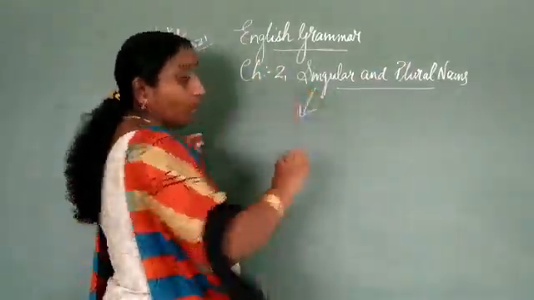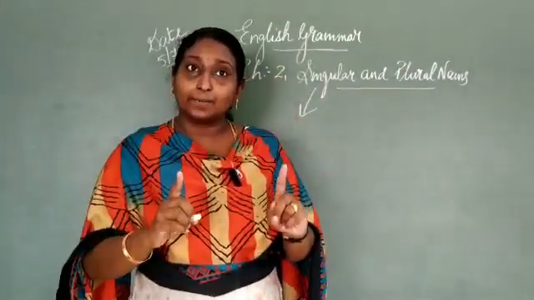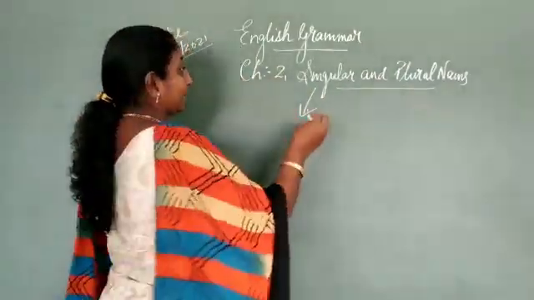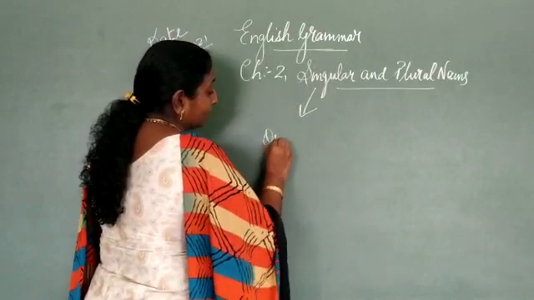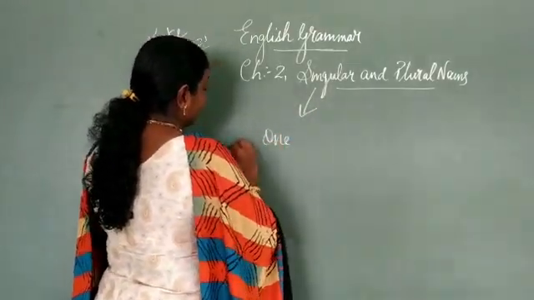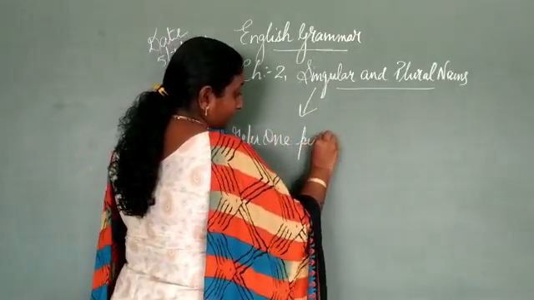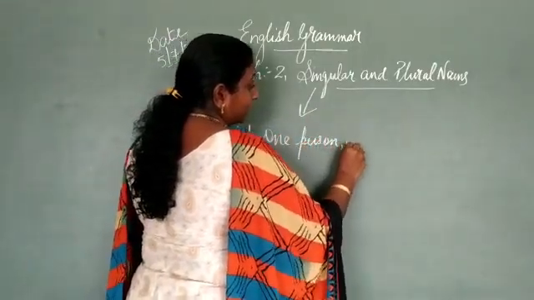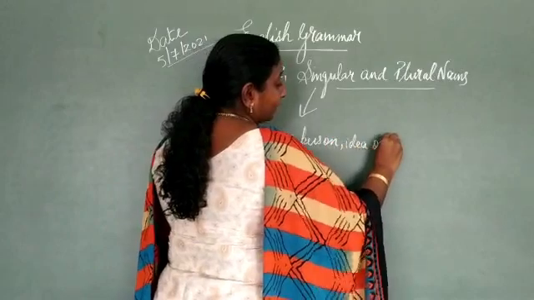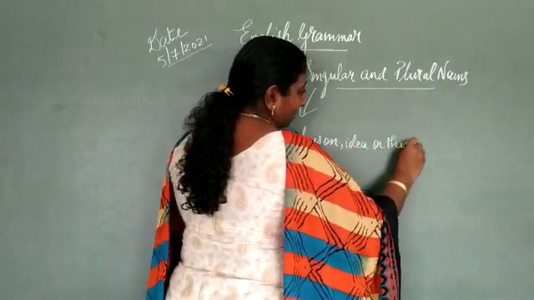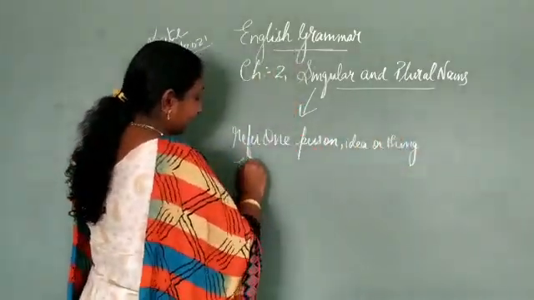See, the singular noun refers to one person, idea or a thing. This singular noun will always refer to one person, ideas or thing. Okay? One. Suppose the example is like this.